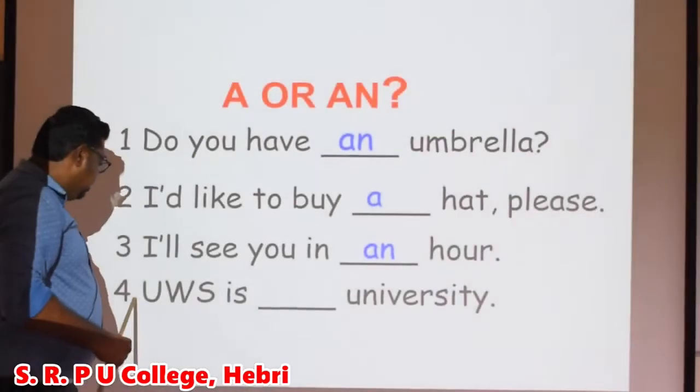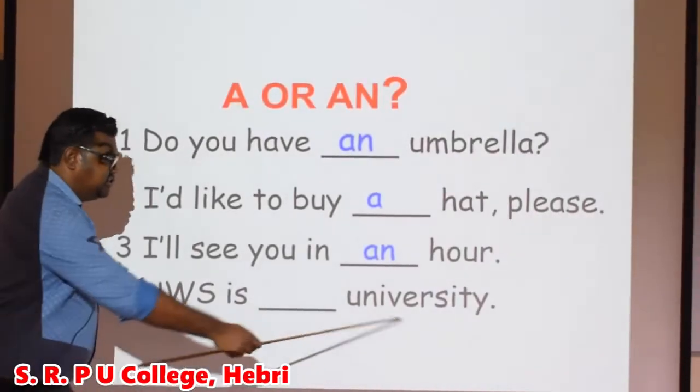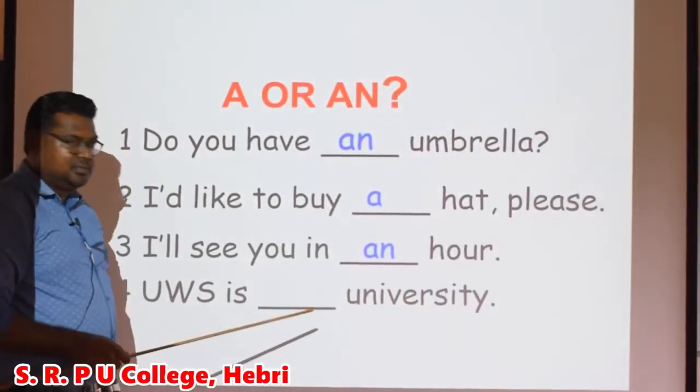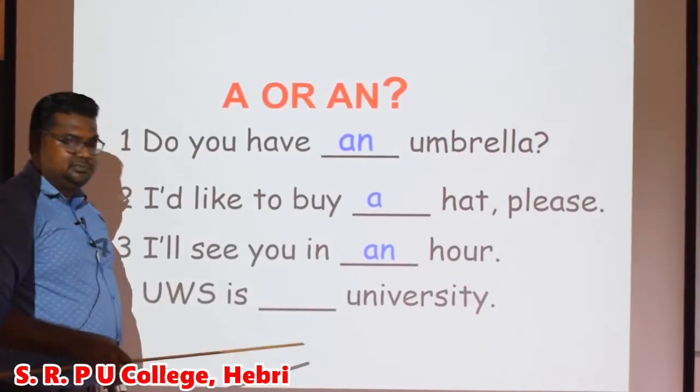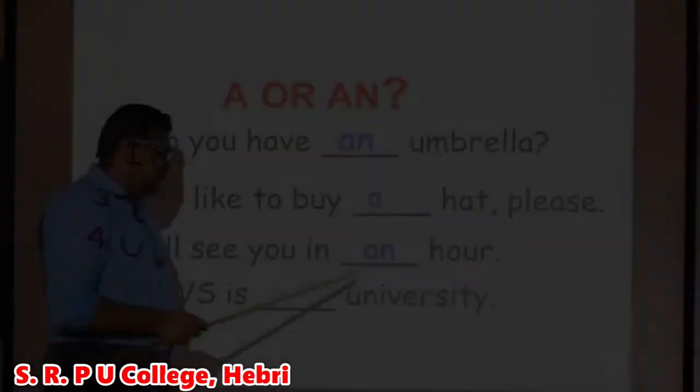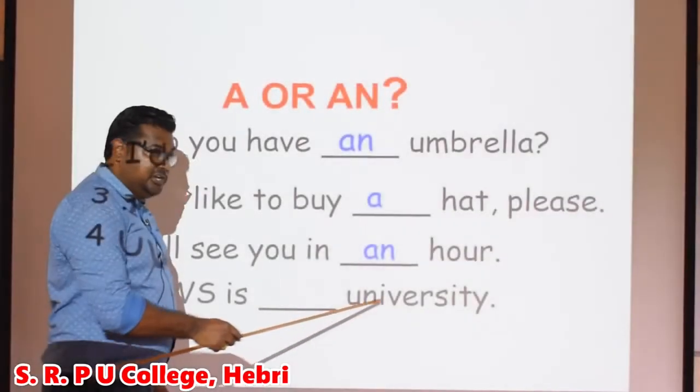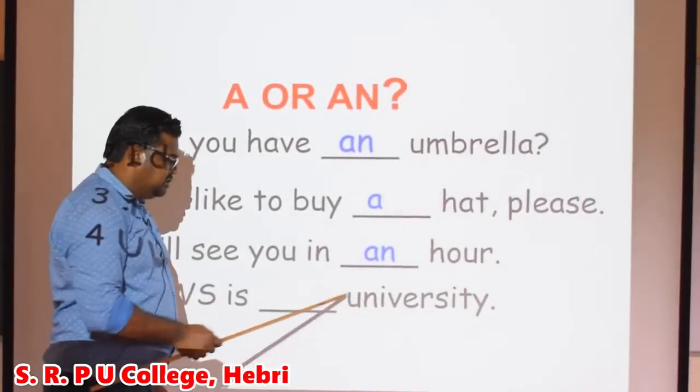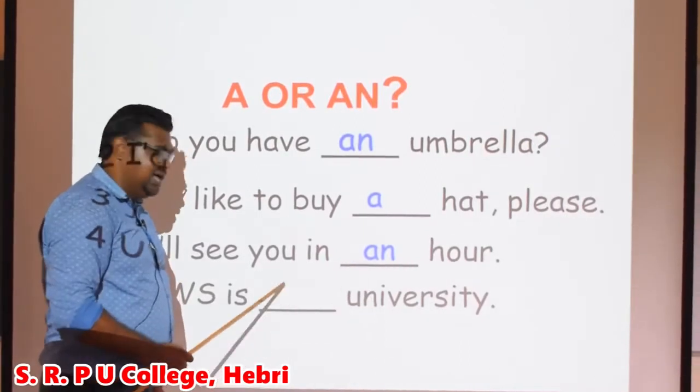Next. UWS is a dash university. It is the name of a university. And since university starts with U, even though U is a vowel, we cannot use an here.